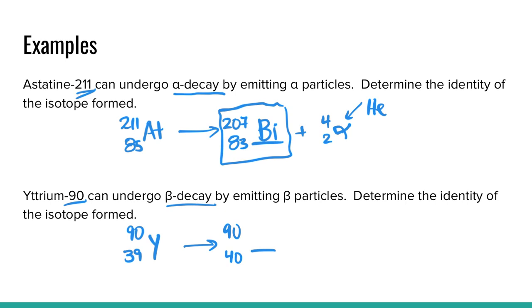So we're going to look for that particular one on the periodic table, and we're also going to put in our beta particle here. We can either put it as -1, 0 with beta, or we could put that as an electron. If we look this up on the periodic table, that is zirconium, so it's Zr. Zirconium-90 is the isotope formed.